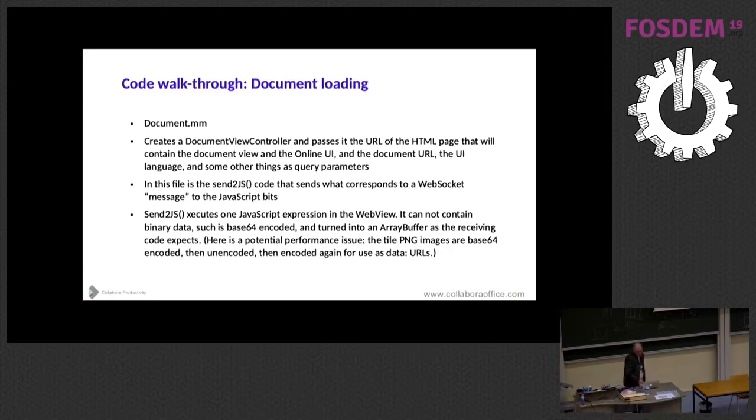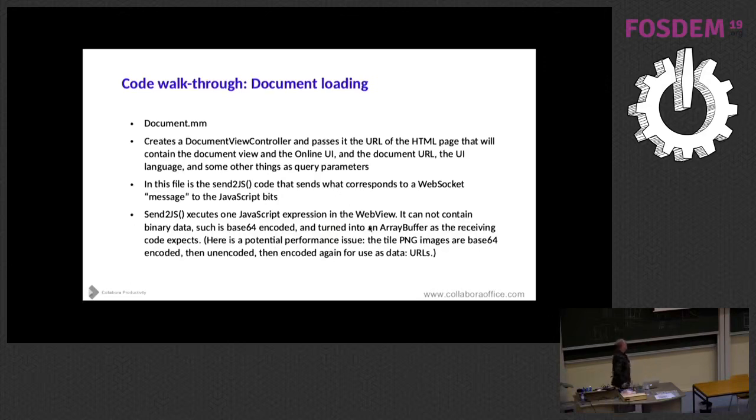And in this file, document.mm, you can also find this send to JS code. That's the one that executes this JavaScript expression. And here, this is one thing that should be improved.